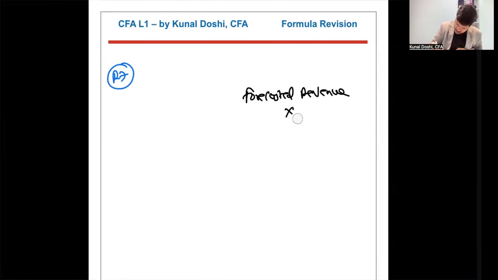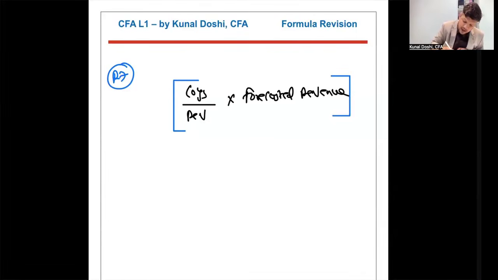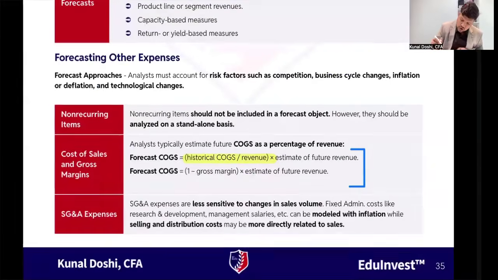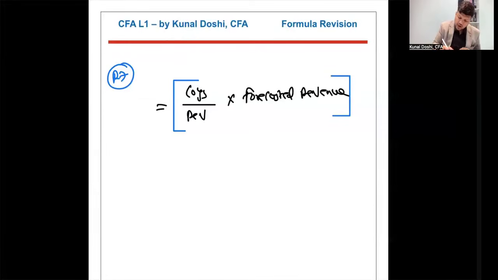The margin here is from the past. Margin is historical COGS over revenue. So once I do this, I can estimate my future COGS. This is your forecasted COGS, right?